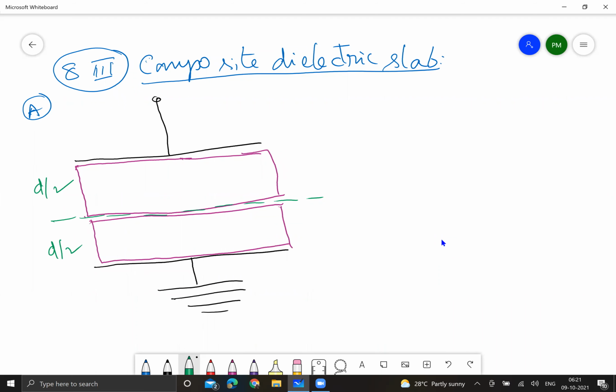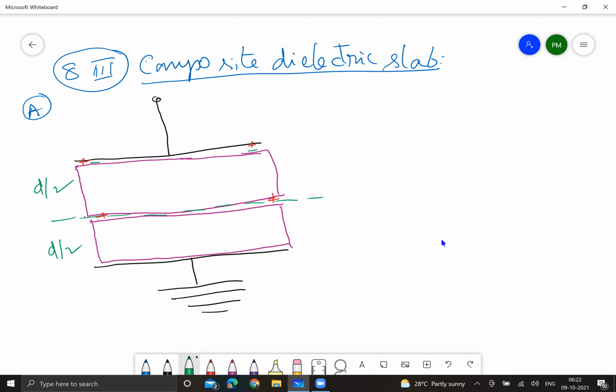So here, if you discuss the charge distribution, here we have the positive charge, and by induction, this face of the dielectric gets the negative charge, while its other face gets positive charge.